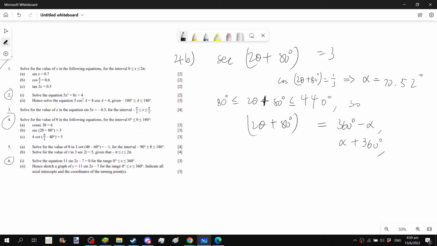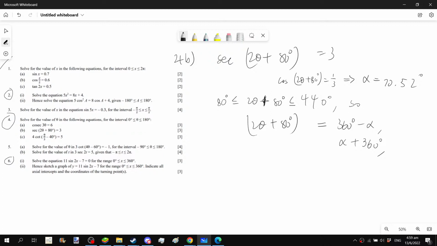And then you need to ask yourself, wait a minute, can I do 2 revolutions? So in this case, clearly 2 revolutions will be an overshoot, because 2 revolutions is 720 degrees. And 720 degrees is definitely way too big compared to our maximum value of 440.